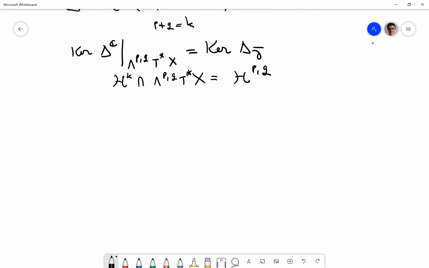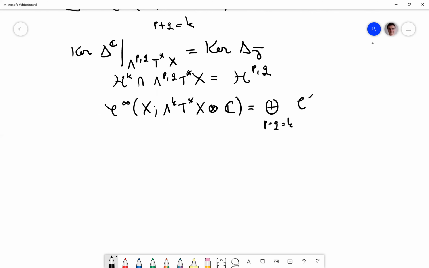So now, the following important consequence. As you know, you can write the space of complexified K forms as the direct sum of PQ forms, P plus Q equals K. So in particular, H^K is equal to, trivially, H^K intersected with this.